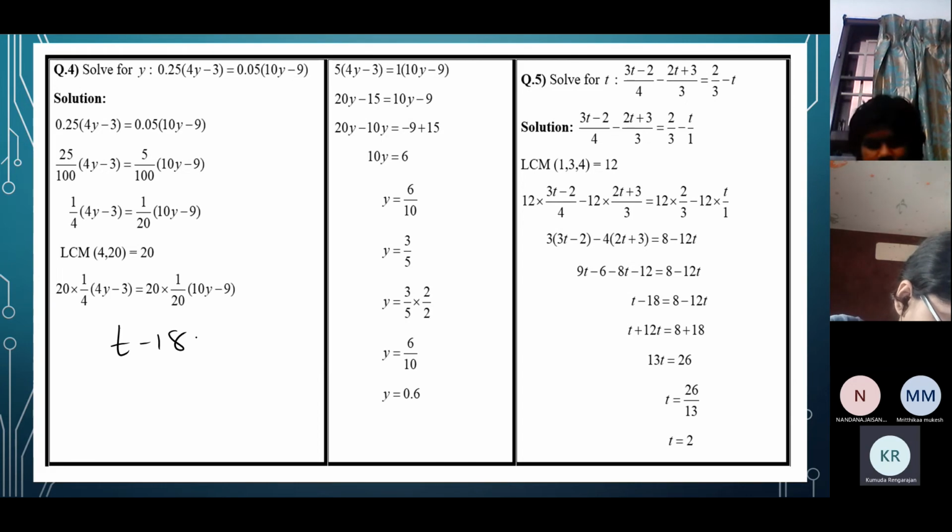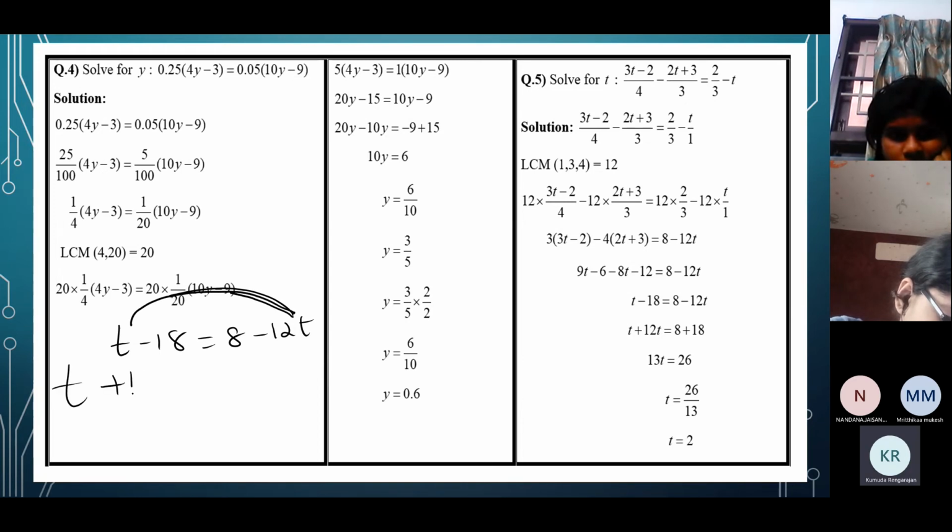So it will be t plus 12t is equal to 8 plus 18. This minus 18 will jump and go to the right hand side as plus 18.